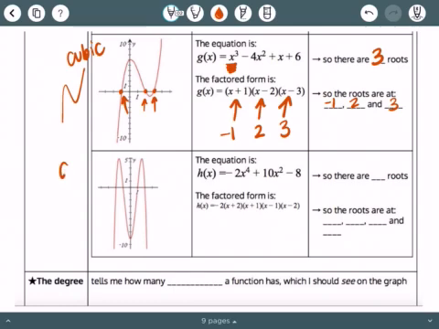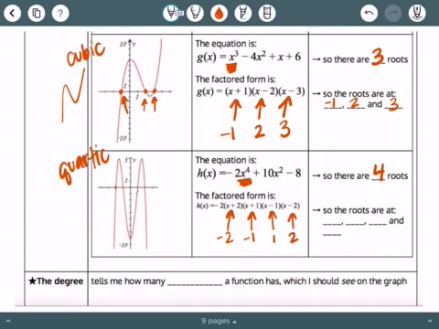Let's see if it works for a quartic. It is the fundamental theorem of algebra, so hopefully it does. Here we see a negative quartic. We see x to the 4th is the biggest exponent, so there should be 4 roots. And then we can see the roots from the factored form, -2, -1, +1, and +2.